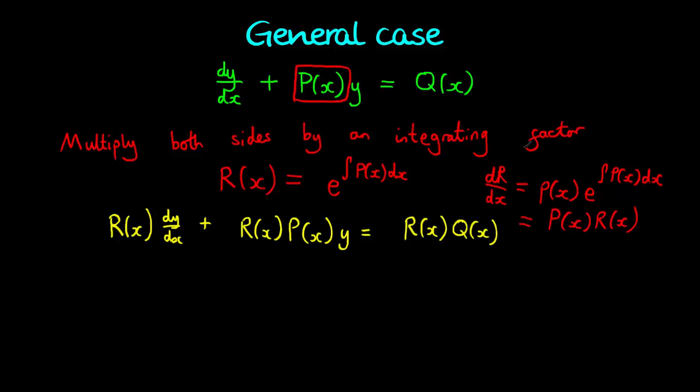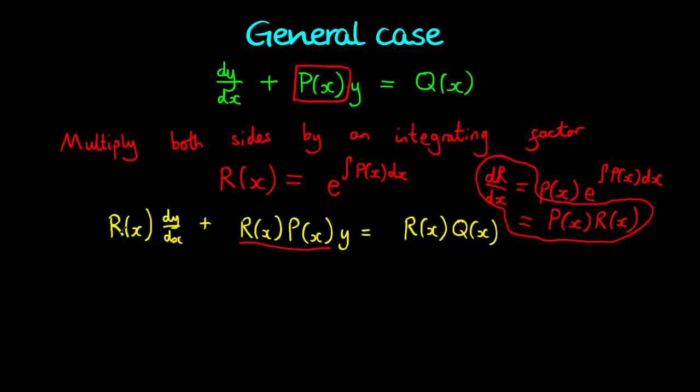Well, if we multiply throughout by r of x now, then we get this expression here, so the yellow expression. Now let's focus our attention on the left hand side of this yellow expression. So this first term is r times the derivative of y with respect to x, but then this second term, r of x, p of x times y, well, this r of x times p of x is something we've already seen, because we said that that was what dr by dx was up here, because dr by dx was equal to p of x times r of x.